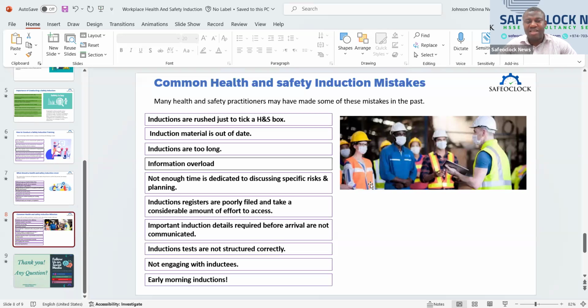Another mistake is the safety induction taking too long. I said previously that it should not be too short. It should also not be too long. Having safety induction for 7 hours, 8 hours, it has entered something else. If you take safety induction for too long, you will give them overloaded information, and they will forget all that you have said.